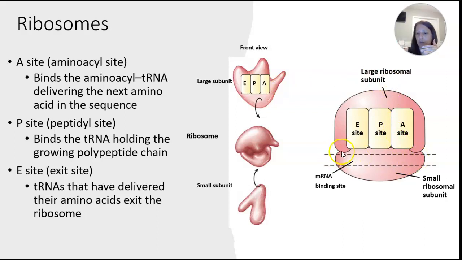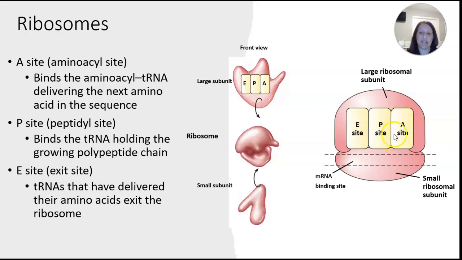It actually shows the groove right in between the large and small subunit is where the mRNA is going to be held and be read. Inside of our large ribosomal subunit, again, there's the A site, the P site, and the E site. And let me make sure I say this correctly. So when I read this, I read it from right to left, the opposite of how we would usually read it, because this is kind of where it starts.